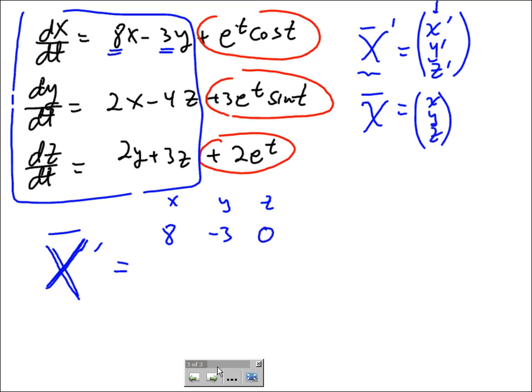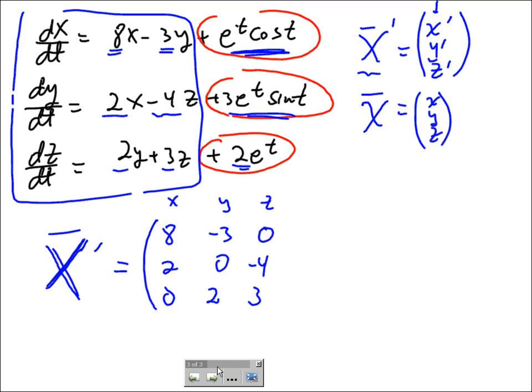Almost. We have to take care of this part in the end. Y prime is 2 x's, no z's, no y's, and minus 4 z's, plus this. We'll get to that in a moment. And then for dz dt, or z prime, we have no x's, we have 2 y's, 3 z's, and then more.